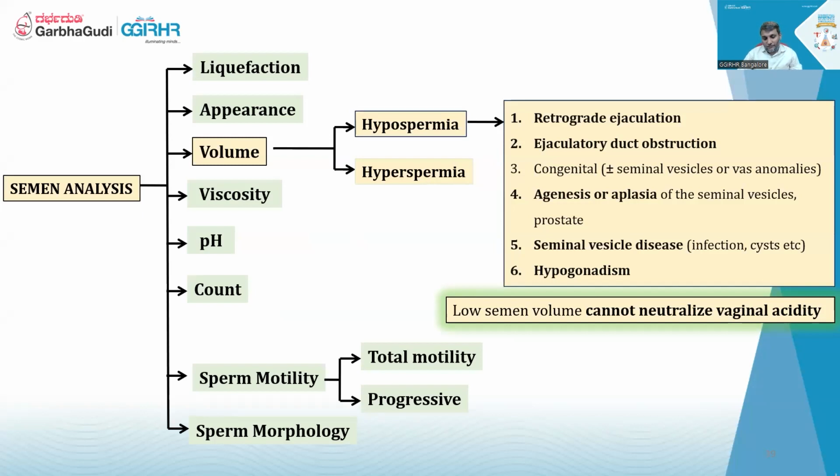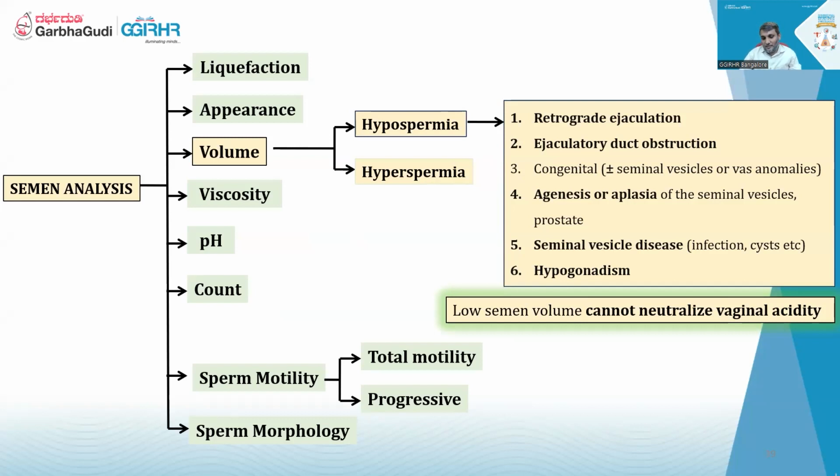The semen sample comes out through a very narrow anatomical space, and anywhere it can get blocked. It can be an ejaculatory duct block, an epididymal block, or a prostatic stage block. Wherever there is a block, it won't allow the semen sample to come out.